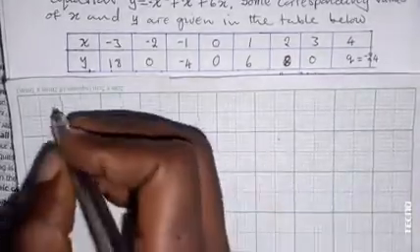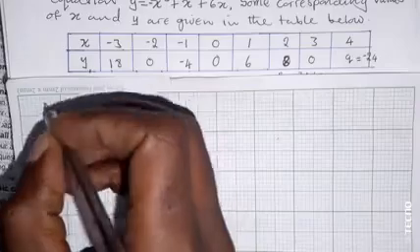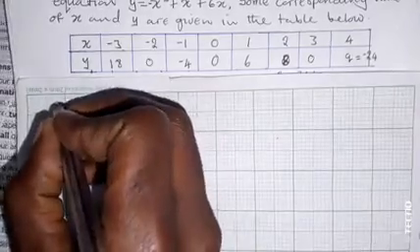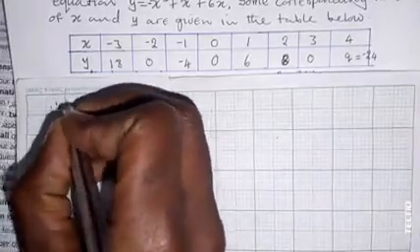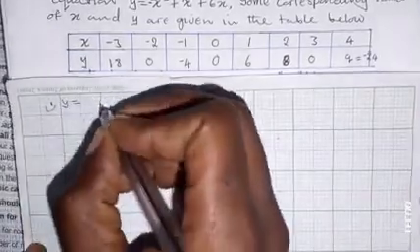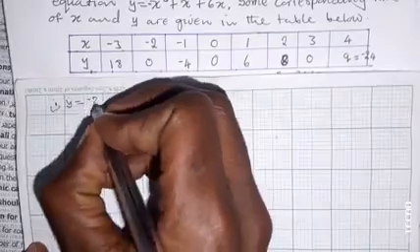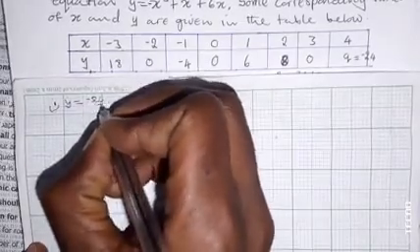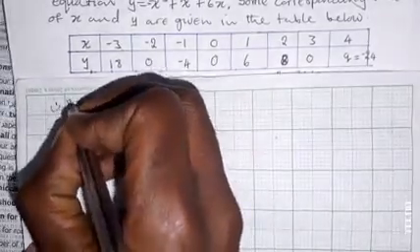So using this graph, we are saying that for the first question, which is 1, we said our y is equal to negative 24. This is the value of q.